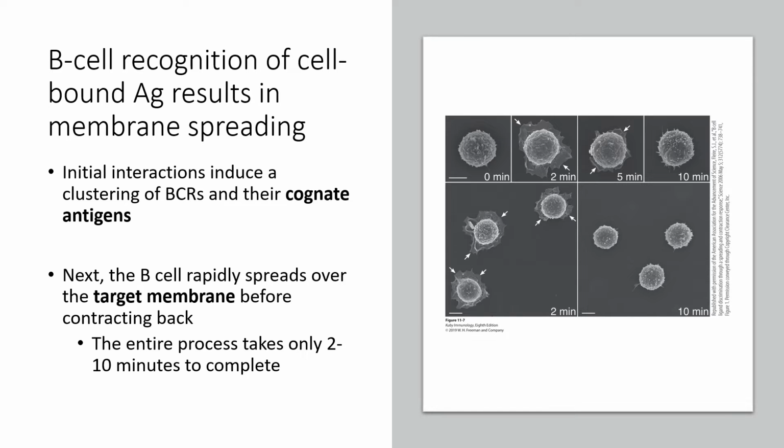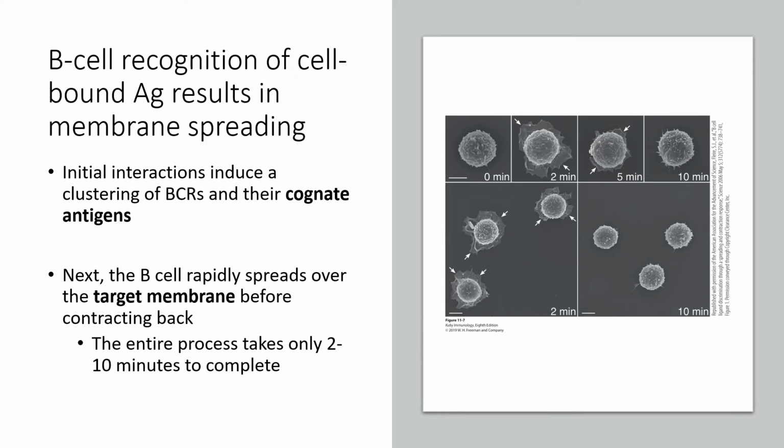Okay, so once the B cell recognizes cell-bound antigen by contacting it, usually on a dendritic cell, it'll recognize it through its B cell receptor. The B cell is actually going to melt over the surface of that antigen presenting cell.